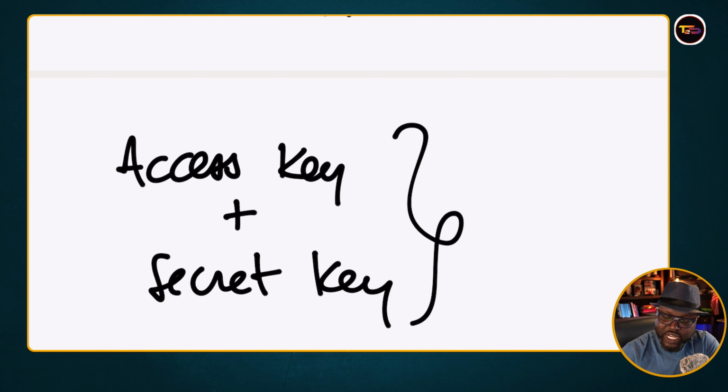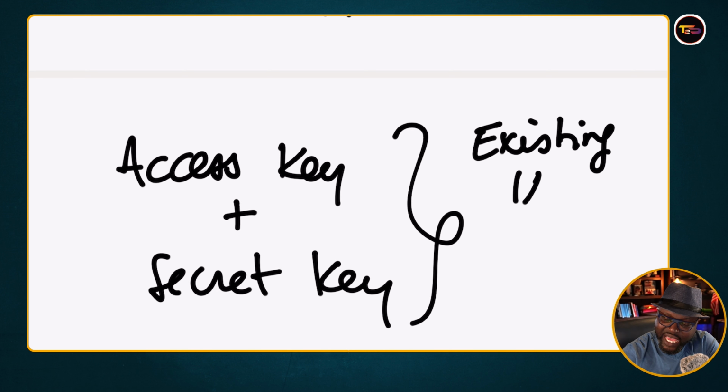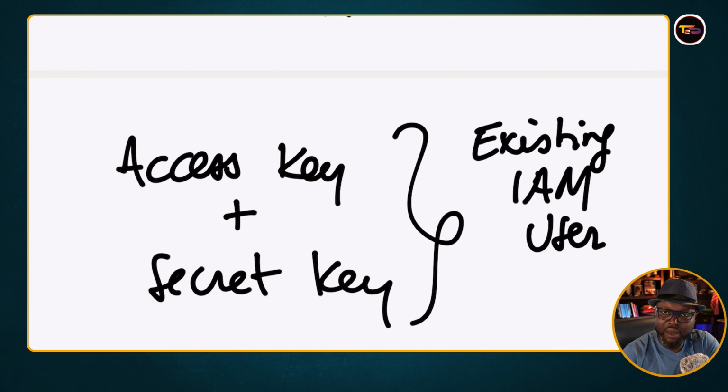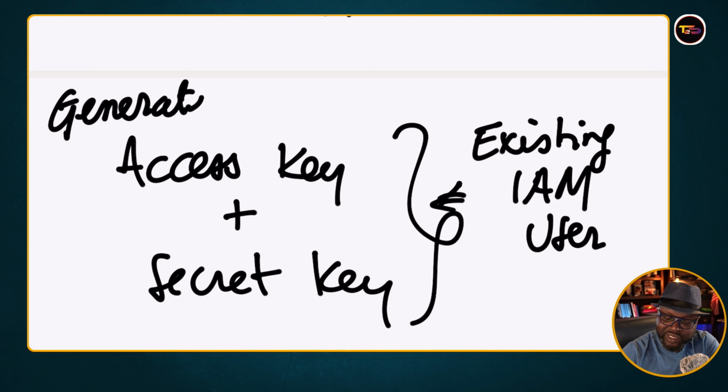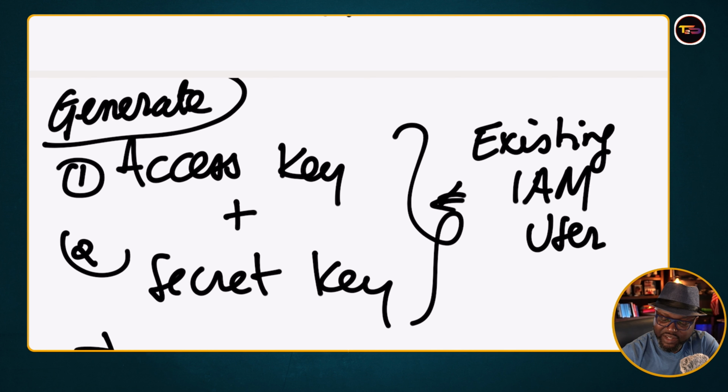So why do we need to do this? You need an existing IAM user to be able to generate this. And when you generate this, you're gonna get these two keys. There may be a combination of numbers and other characters.